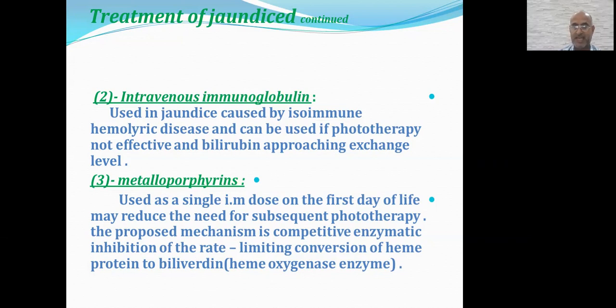Heme oxygenase is an important enzyme that helps convert heme to biliverdin. So if we antagonize this enzyme, we don't have extra heme converted to biliverdin and on to bilirubin. So heme oxygenase is antagonized by metalloporphyrin, preventing the next metabolism of the bilirubin.